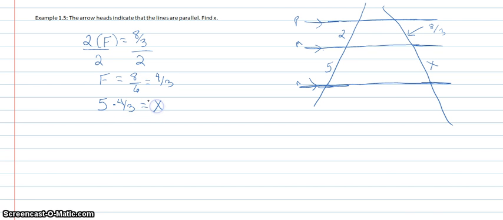And that will give me the length of x. So I'm going to have 5 times 4, which is 20, and divide that by 3, and I'm just going to leave it as an improper fraction, equals x. And that is our answer. The length of x is 20/3.